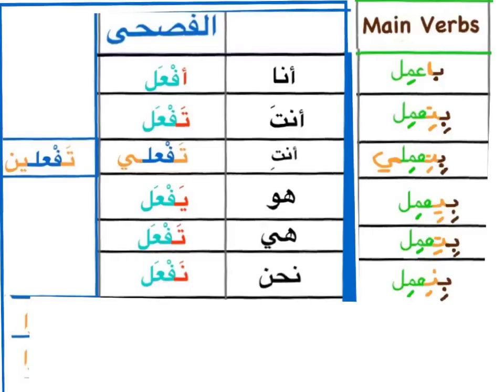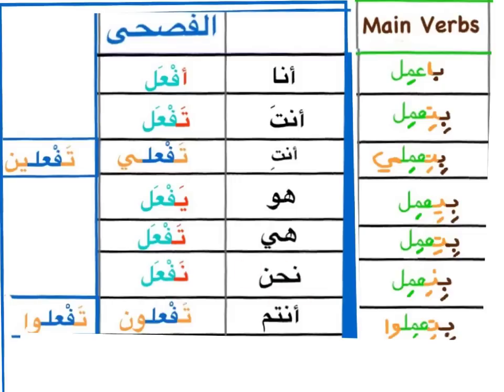نحن نفعل and إحنا بنعمل, noon instead of نحن. أنتم تفعلون. Notice a combination of prefix and suffix, تفعلوا. And same for Egyptian عامية, بتعملوا, ta and waw alif instead of أنتم.